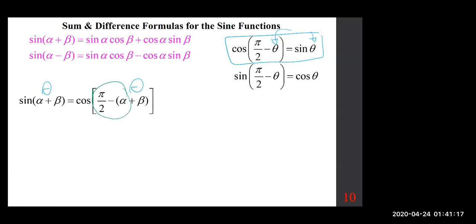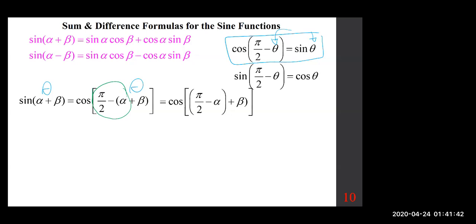We get pi over 2 minus alpha, and then we have beta.